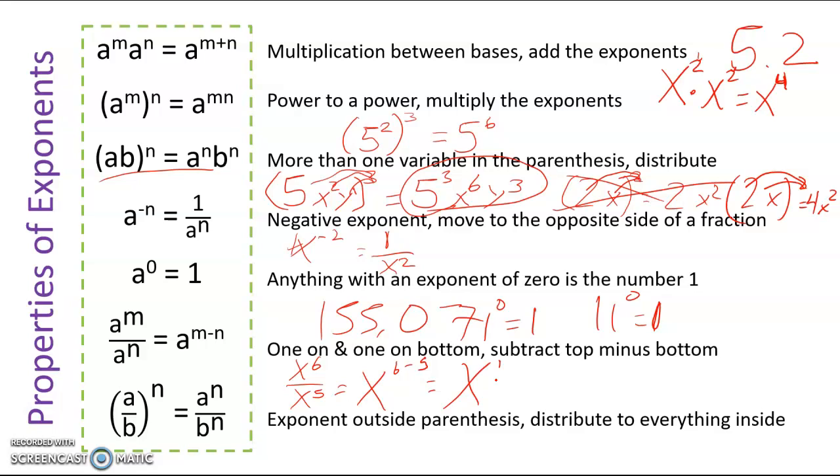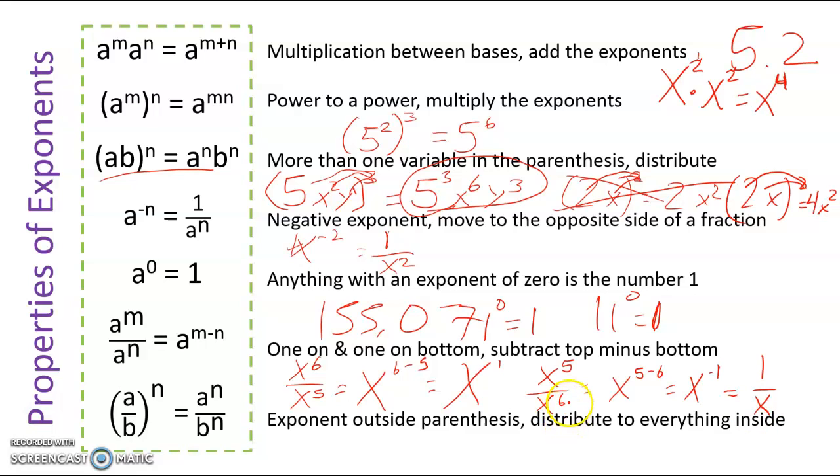Now something from that is, if you have a number on bottom that's bigger than the top number, you would still subtract the bottom number from the top number. So it's going to be x to the 5 minus 6, which gets you x to the negative 1st power. But remember what our negative exponents tell us, that we need to move that to the bottom of the fraction there, all right?